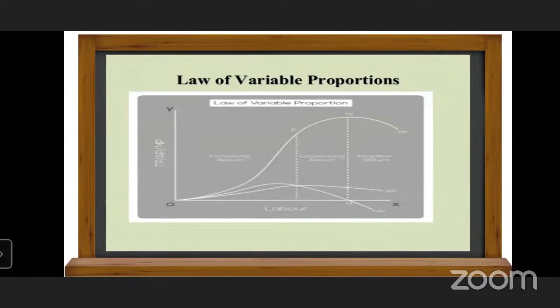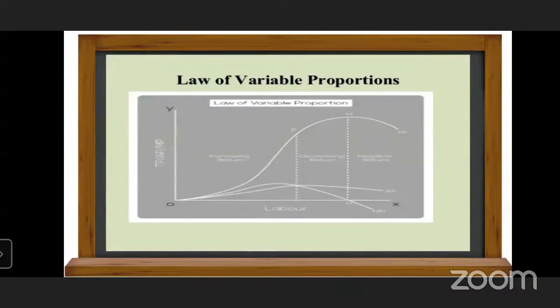The questions may be like, what is the shape of the TPP curve up to the point of inflection? It is concave. Then from concave it will become convex. No, I mean, at the start it will be convex and then it will become concave. Whenever we define the shape of a curve, we refer to it with respect to the x-axis. So this is the first question.